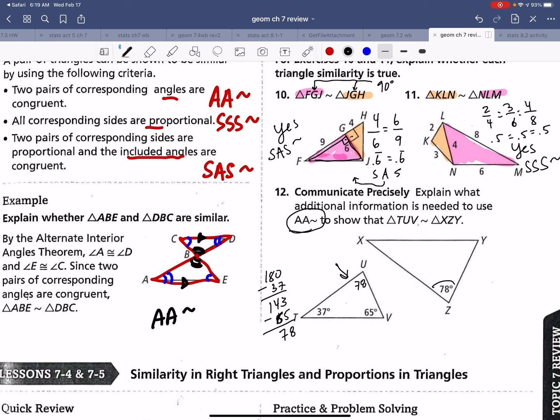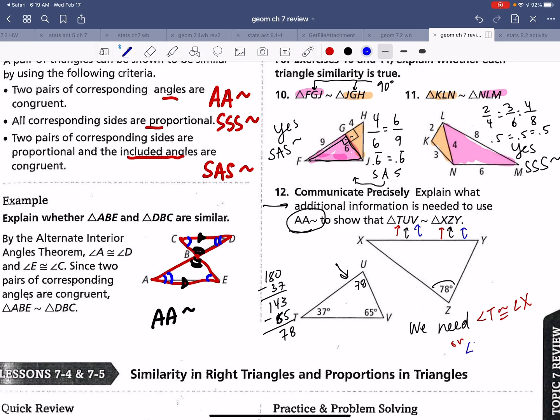So we currently have one angle Z and angle U that are 78. So what additional piece of information? They're admitting this is not enough. We need a second angle, like T to match. We need angle T to be congruent to angle X, or we need the last 2 angles.